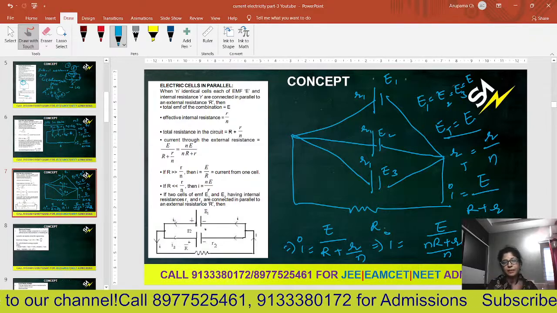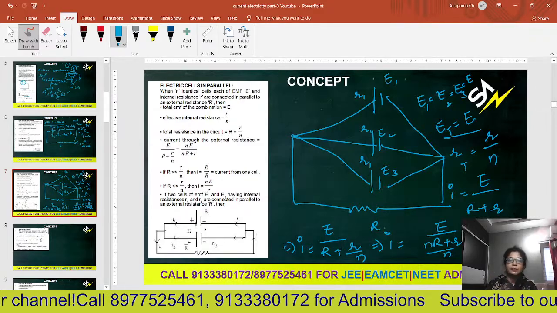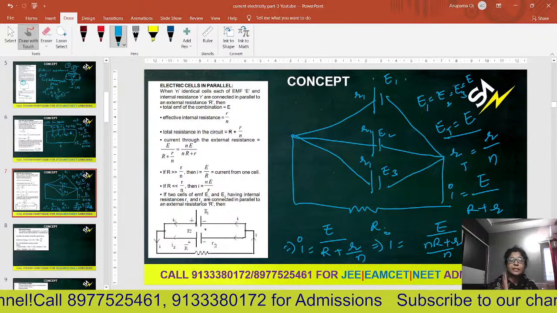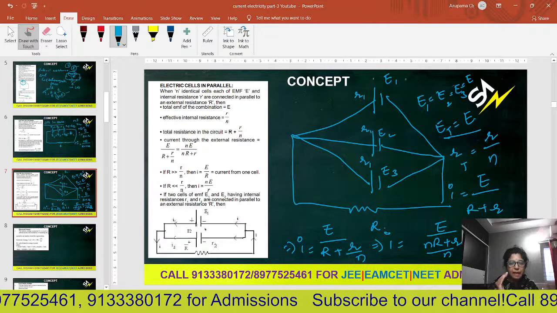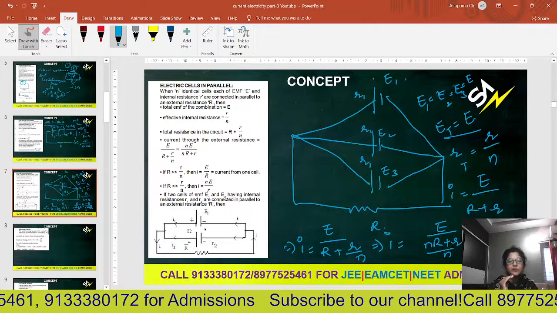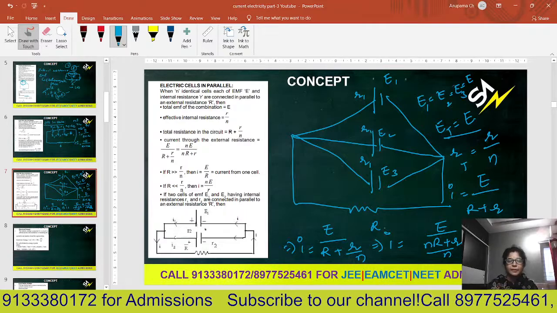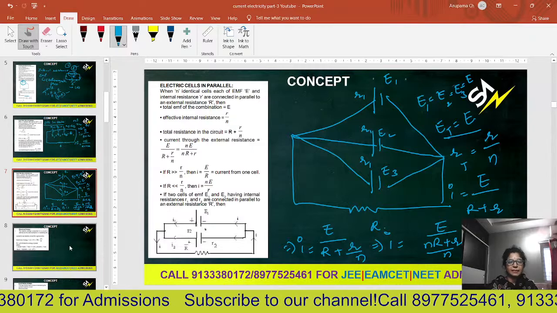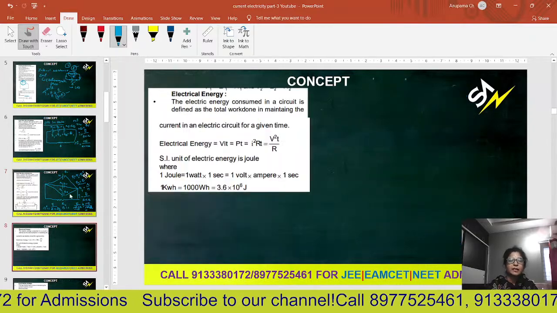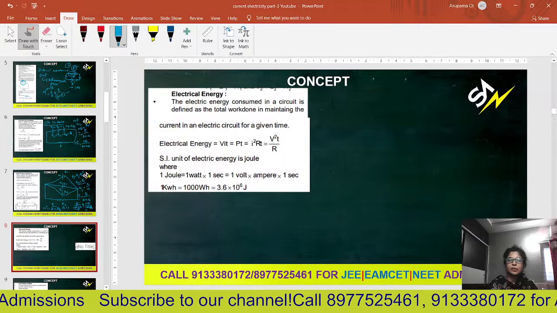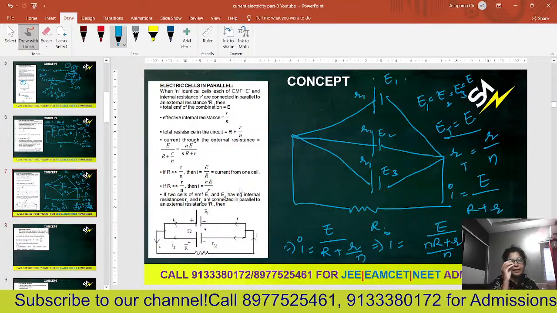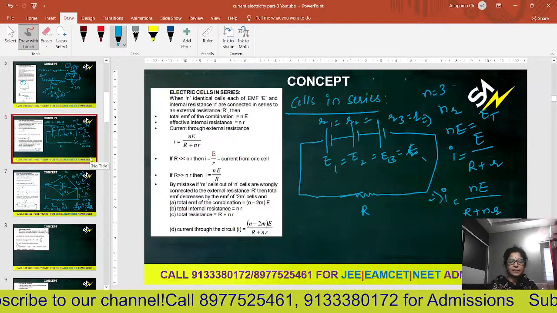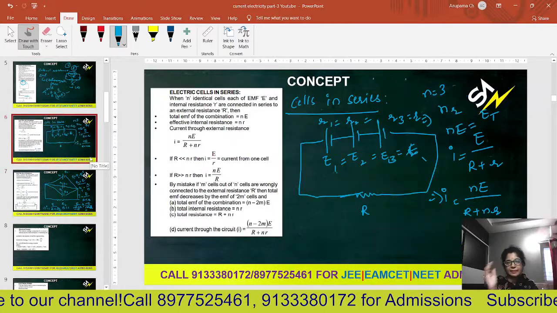This is the formula for the total current of the circuit. This is how we are going to find the total current of this particular arrangement when the batteries are in parallel to each other. So this is the parallel connection, cells in parallel. Now apart from that, we also have mixed grouping. In the first case we took cells in series connection.